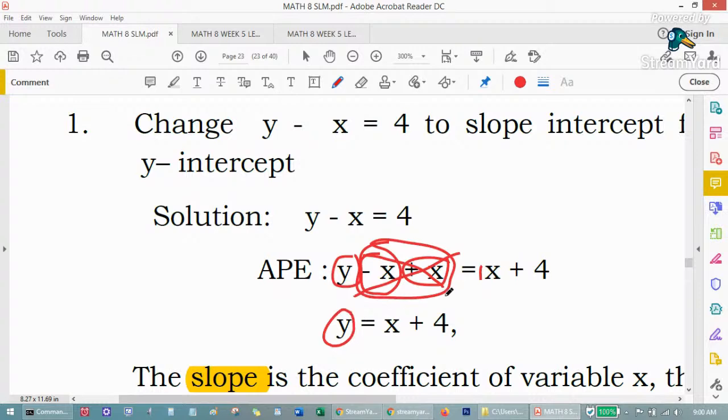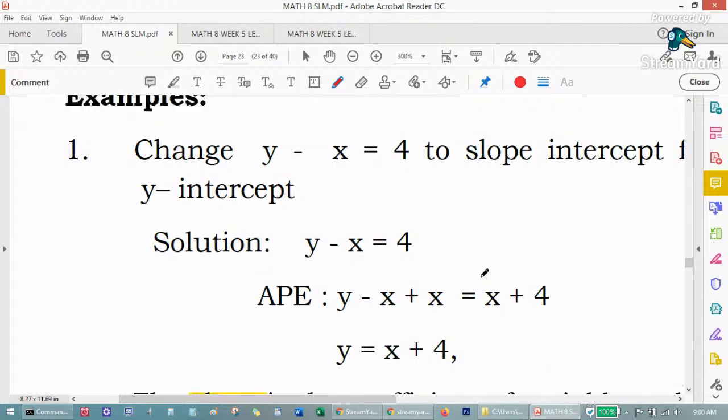So y is equals to, and then itong positive x dito, pwede nang hindi isulatang sign, positive x, plus 4.